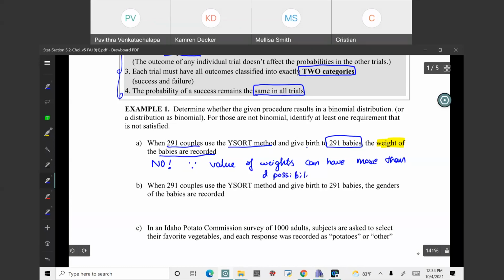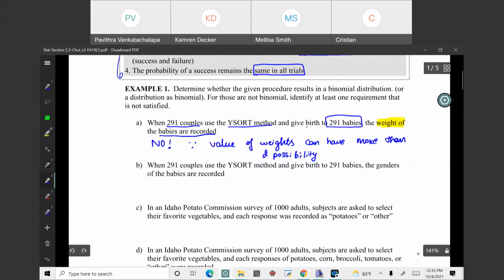What do I mean by this? There are 291 babies. If the first baby is weighing, say, 1 pound, second baby 2 pounds, third baby 5 pounds, right? It is more than 2 different values. So this is not a binomial probability distribution.